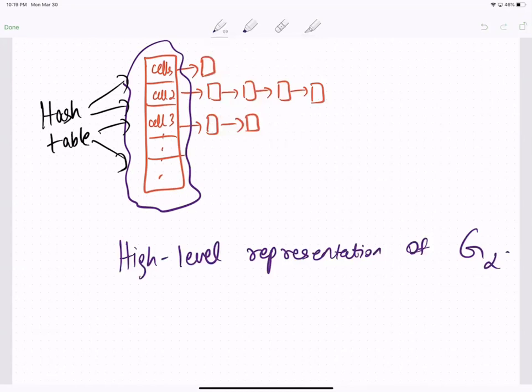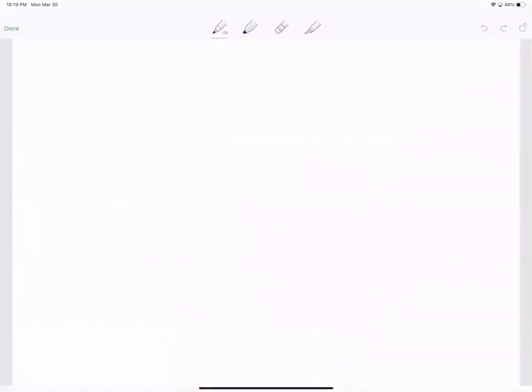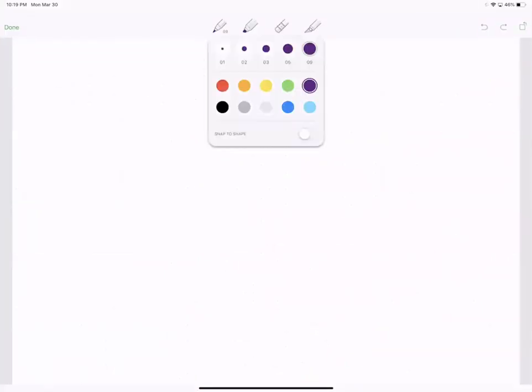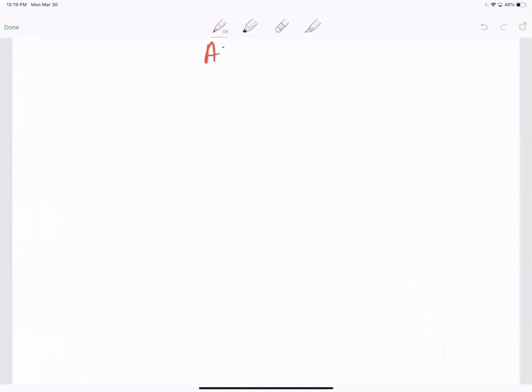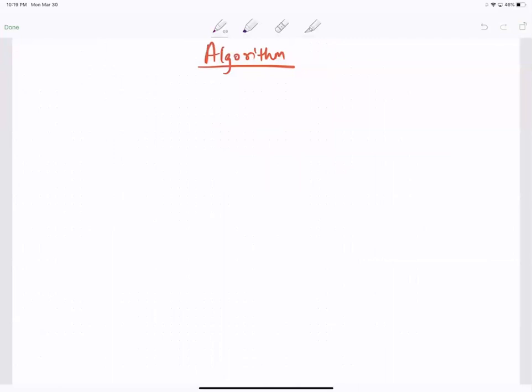Now with these preliminaries, we can slowly start getting into the details of our algorithms. Remember, we have to find the closest pair of points in 2D. So let's start with a very simple observation, a simple lemma.